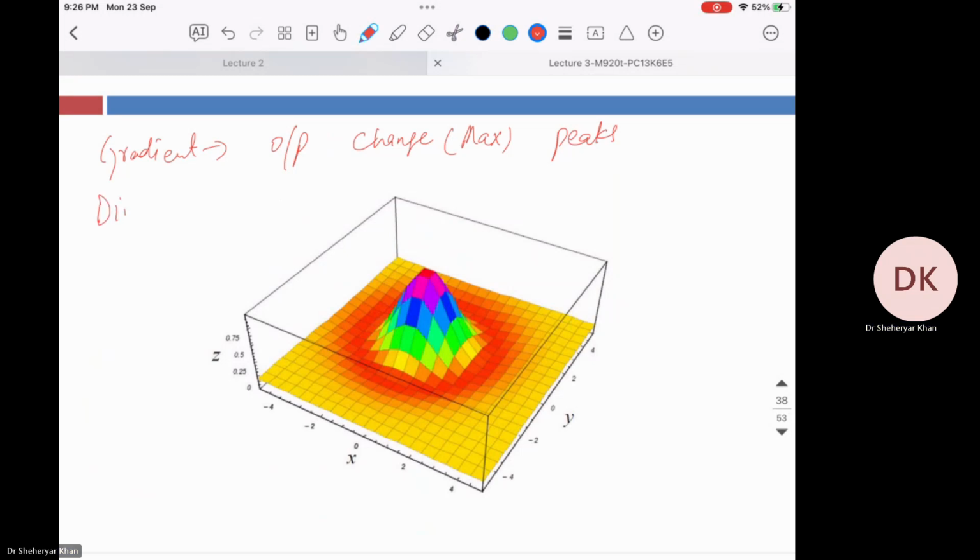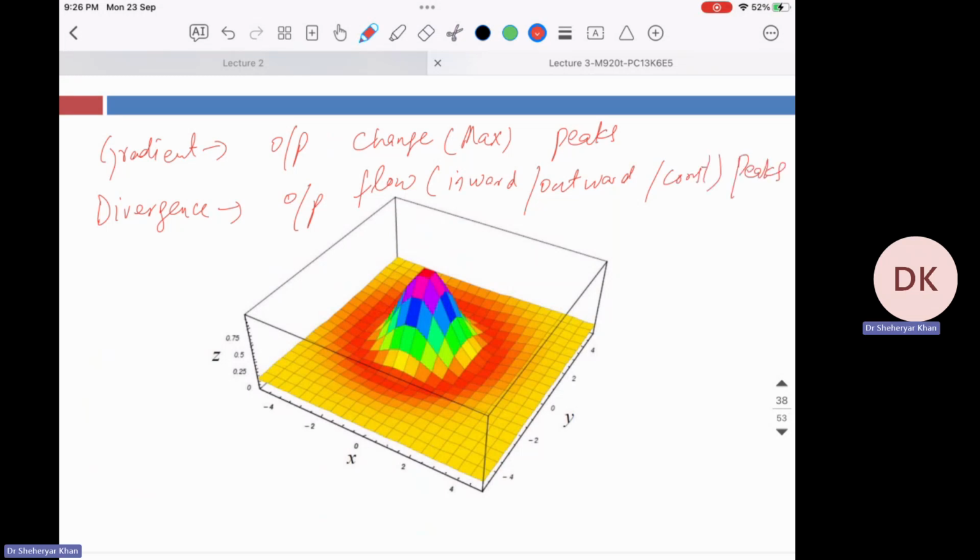Okay. Divergence: the output is more like a flow, right? That means inward, outward, or constant, right? So the peaks tell us whether there's a source or a sink. Understand? So whether the vectors are converging or diverging.